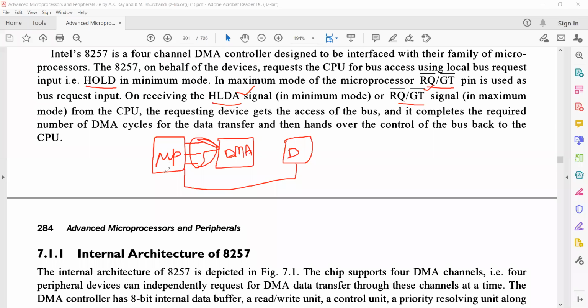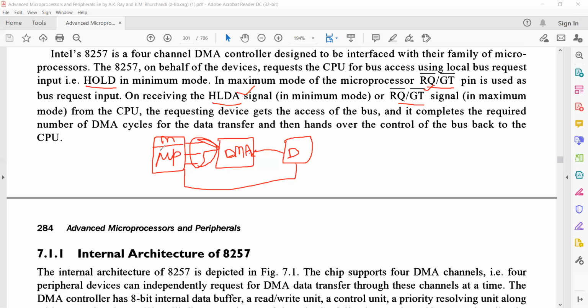Only the DMA controller will control the bus system, and the entire data from device D will be transferred through the DMA, which has control on this data bus. This data bus is directly connected to the memory here, so through this bus system you will directly transfer to the memory of the microprocessor.